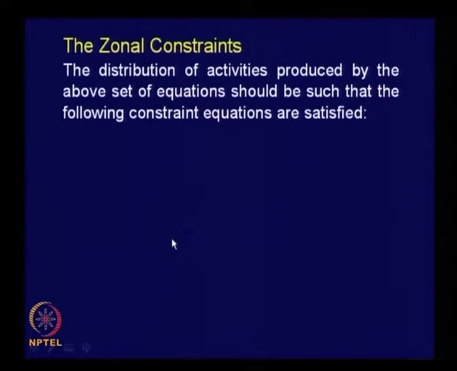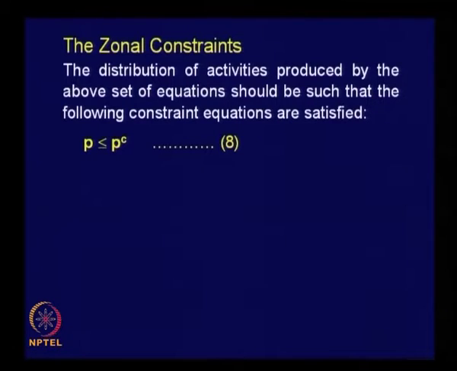Then about the zonal constraints, the distribution of activities produced by the above set of equations should be such that the following constraint equations are satisfied, as I indicated to you earlier. The first constraint is this: P should be less than or equal to P_C.